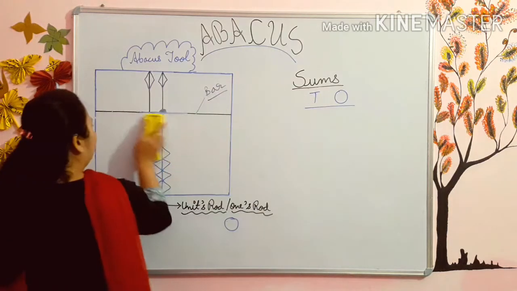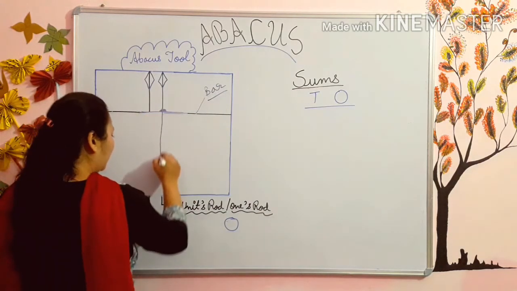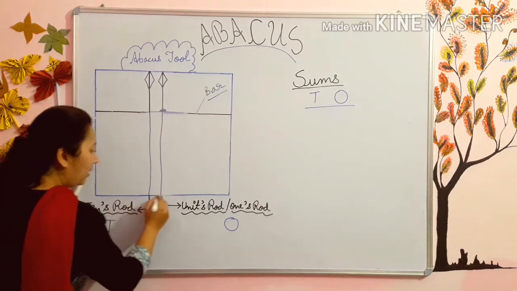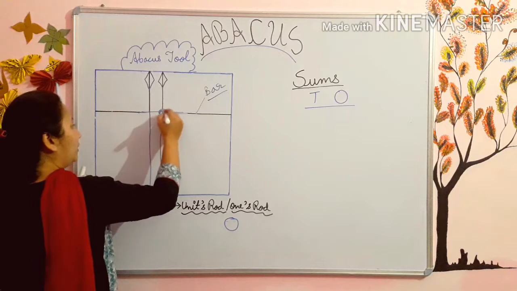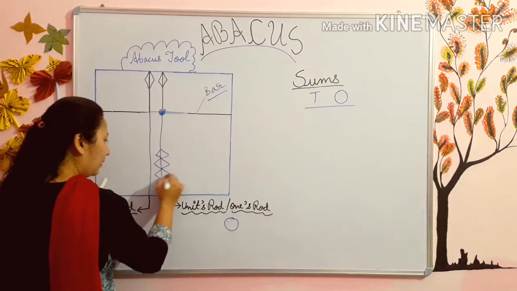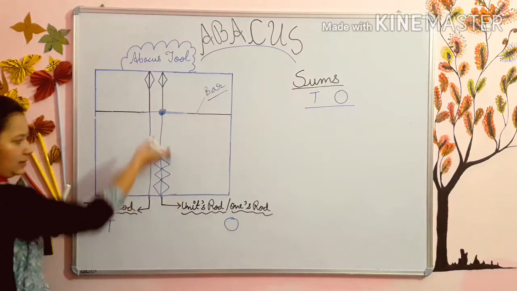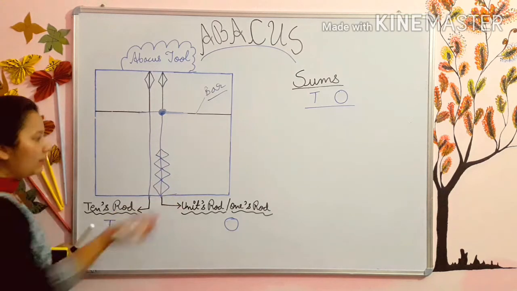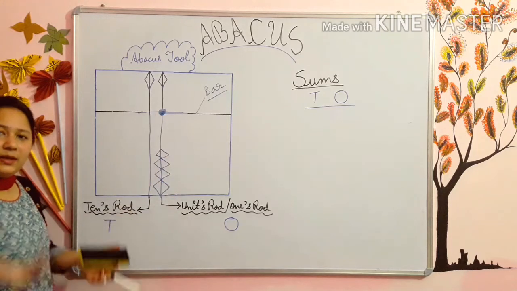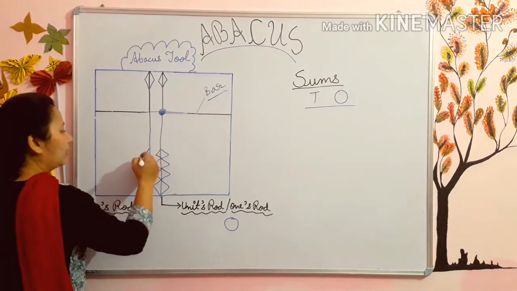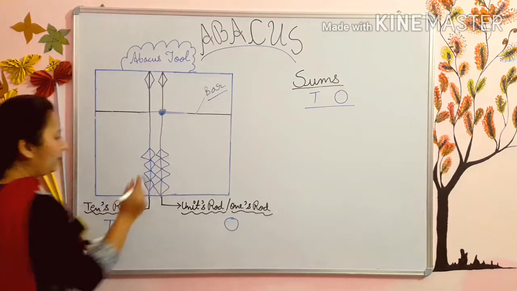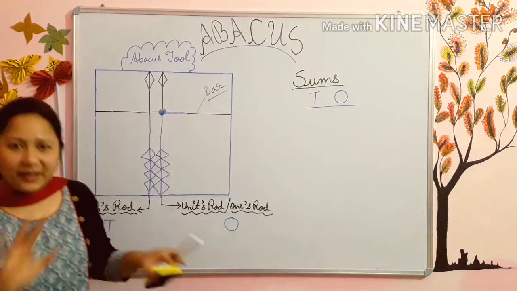Set your abacus, kids. Again I am repeating, kids, the beads which touches the bar. जो beads bar को touch करती हैं, आप उन्हें ही count करते हैं. Like this. See, they are down. They are not touching the bar. ये ऊपर नहीं है, ये इस बार को touch नहीं कर रहे हैं, तो हम इन्हें count नहीं करेंगे. अभी इनकी वैल्यू नहीं है.